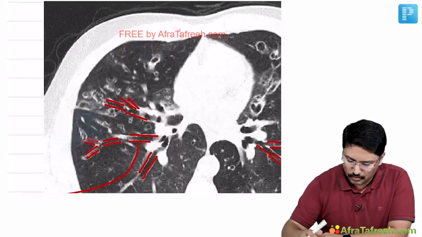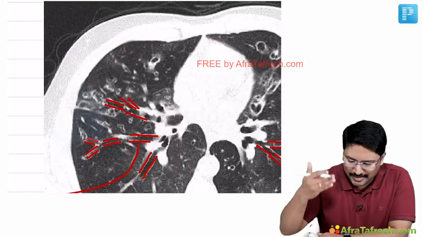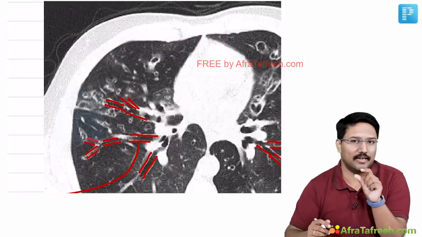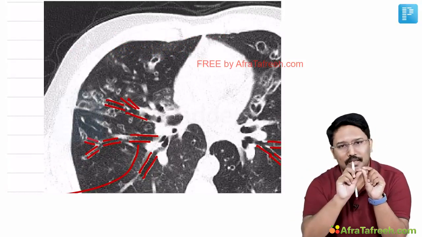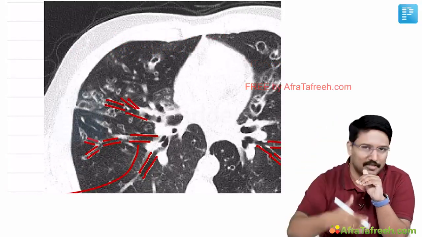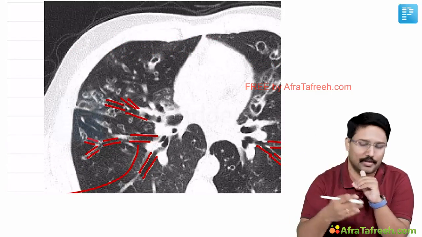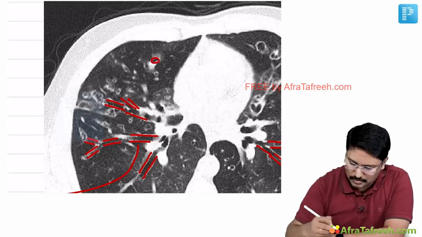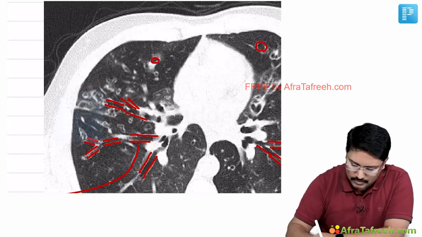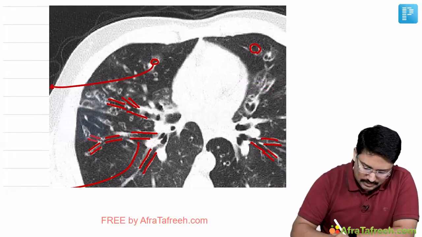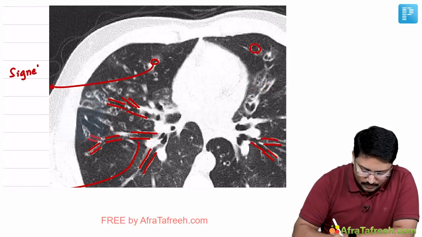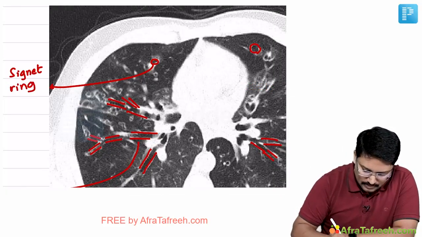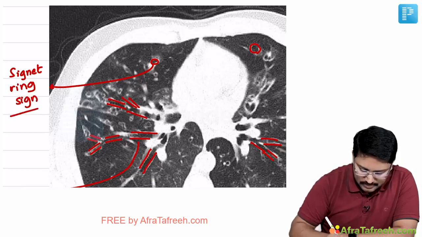Now in the image, you will also notice that when you catch these dilated bronchi end on, instead of seeing them along their axis, when the HRCT slices through that, you will see such images, right? Now this is what is known as the signet ring sign or ring sign. Why is it called a signet ring sign?